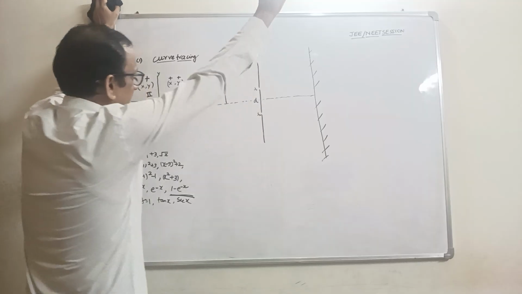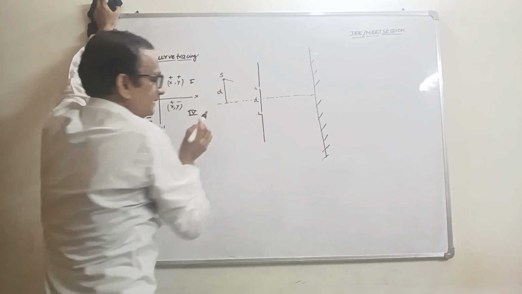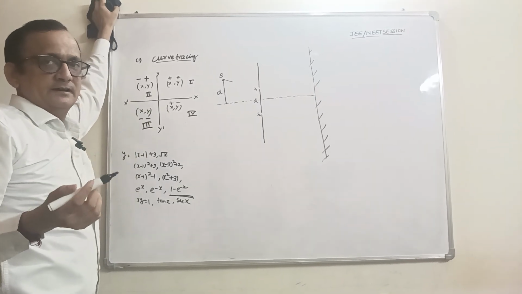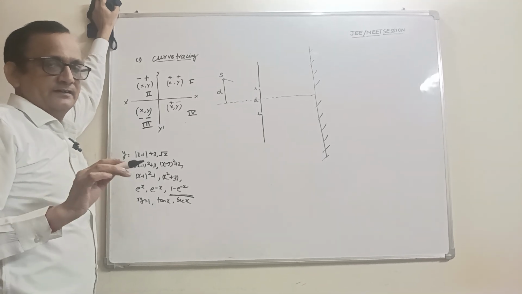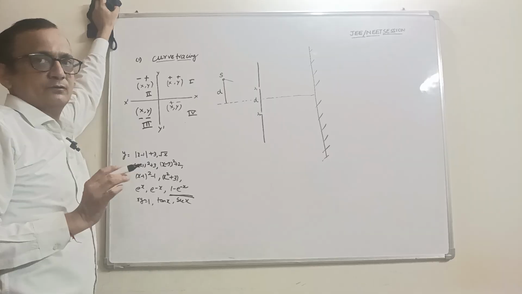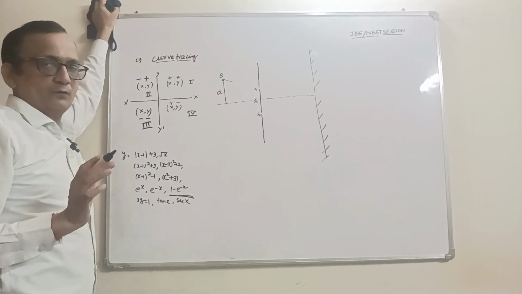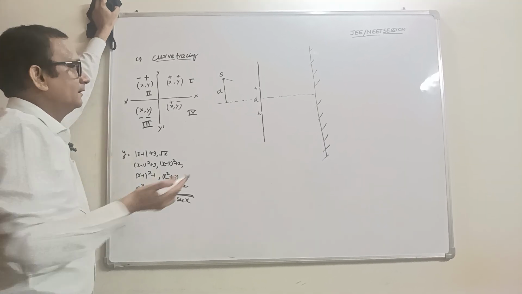So here see the monochromatic light. This is waves from the coherent source. That source has the same frequency, same wavelength, and fixed phase difference. That is a coherent source. Monochromatic light is the essential fact. Monochromatic light means one color of light is here.